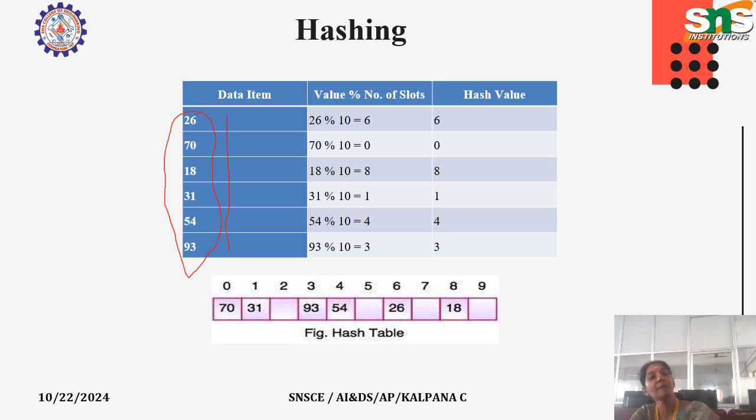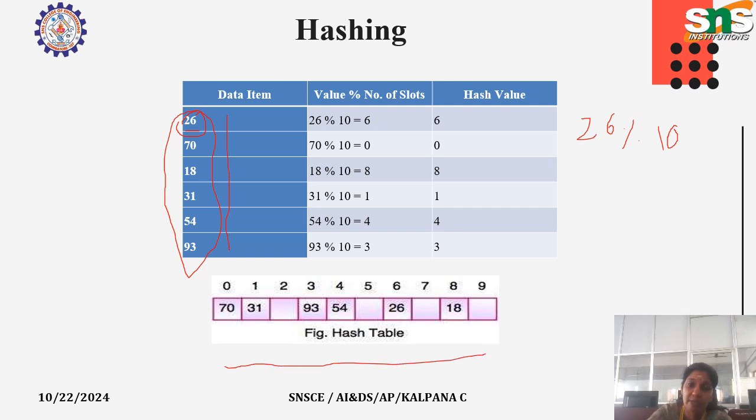First, consider 26 as my data item. I am going to insert this value in the hash table. We'll see how we can do it. What is the formula of the hash function? As we discussed, it is the value modulo the size of the table. Let's consider the size of the table to be 10.